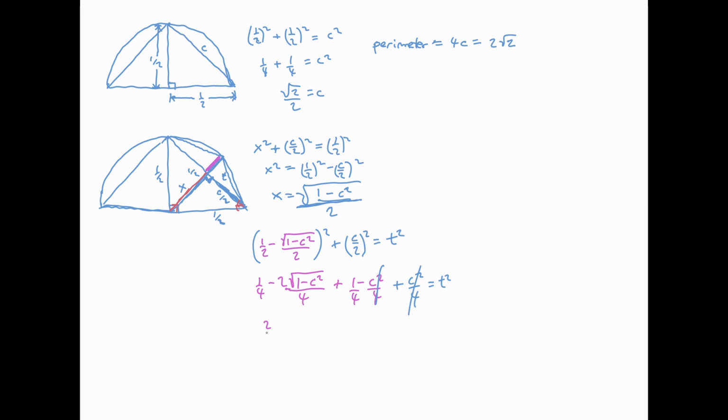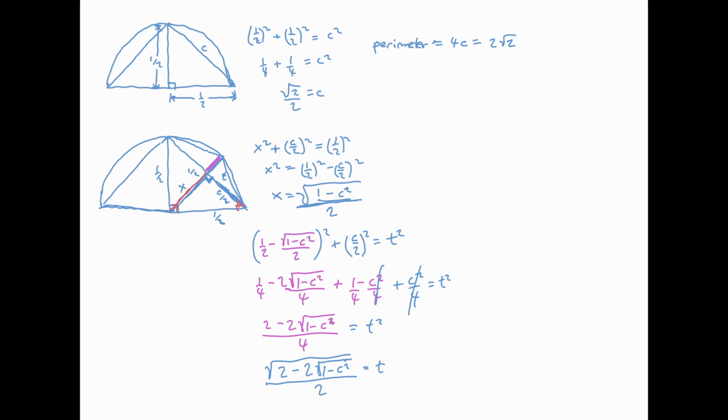And we're left with 2 minus 2 times the square root of 1 minus c squared over 4 is equal to t squared. And t then becomes the square root of 2 minus 2 times the square root of 1 minus c squared over 2.